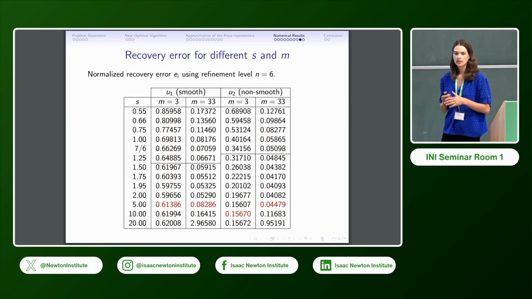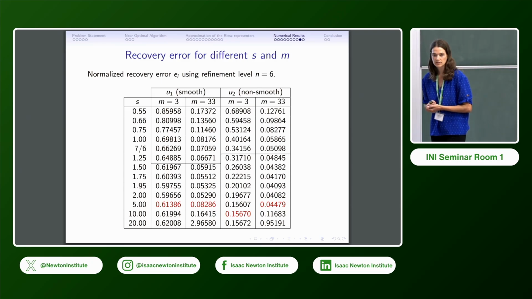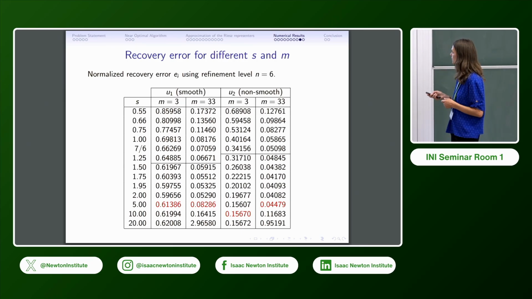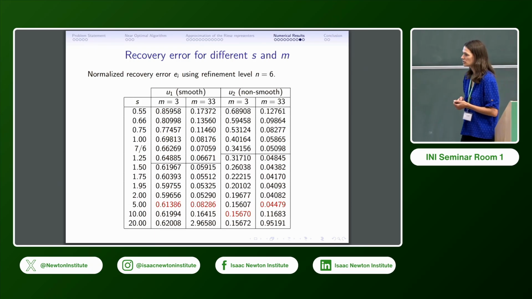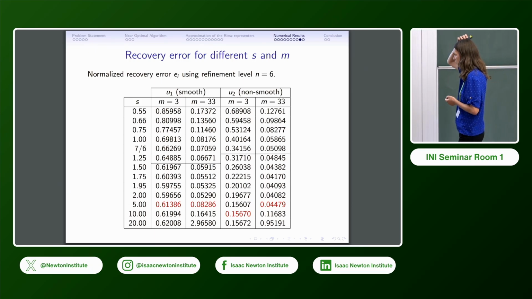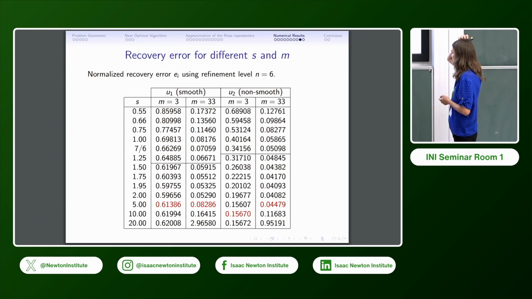That is the actual value of S. Then we went further, and you see that if you go further, you still have a decrease of the error up to a certain stage where the error increases. That's not something that we can explain for now, but that's what we observed numerically.